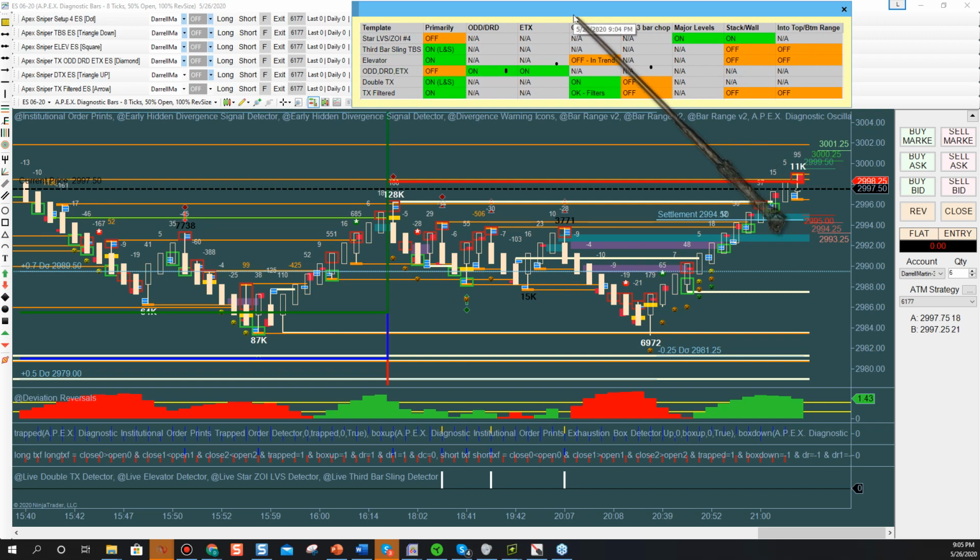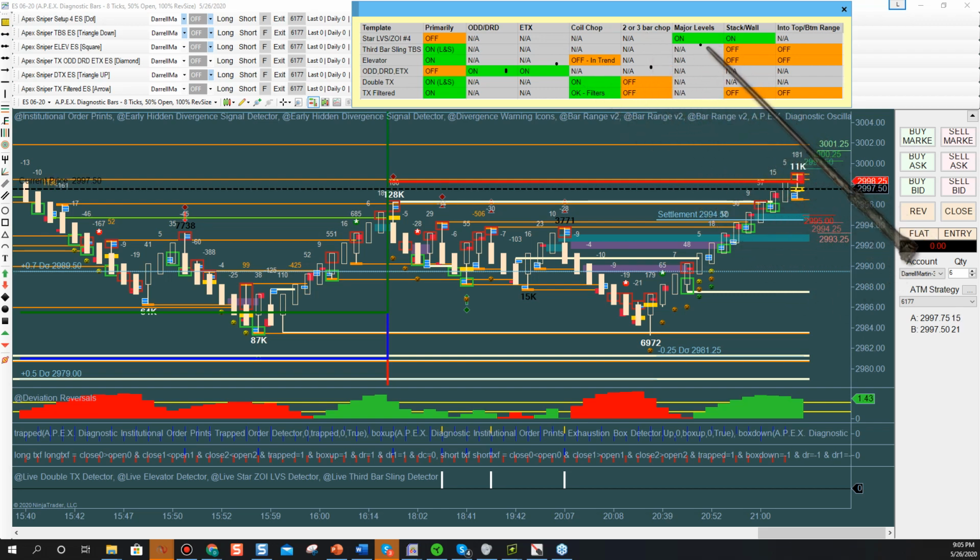And this gives me a cheat sheet, which is like what should basically be primarily on or off. Okay? And then, if there's ODD or DRD or an ETX, that's when I turn this one on right here. ODD or DRD. Elevators, once you've gone deep into a trend, you turn it off. Or when there's coil chop in a trend, you turn it off. You can leave these on. If there's 2 or 3 bar chop, you turn these off.